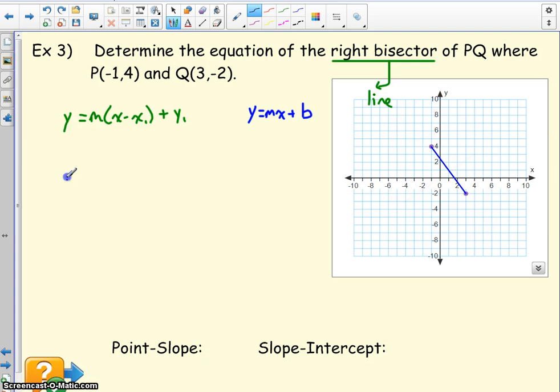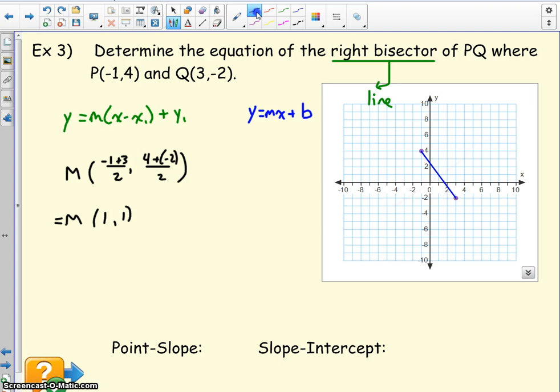Our midpoint is going to be halfway between -1 and 3, so -1 plus 3 all over 2, and halfway between 4 and -2, 4 plus -2 all over 2. So that's going to give me a midpoint of 1, 1. I'm just going to put that on the grid here. So 1, 1 is right around here.